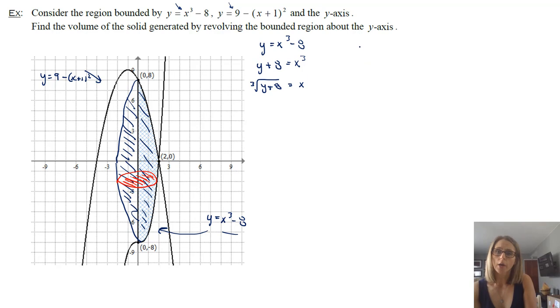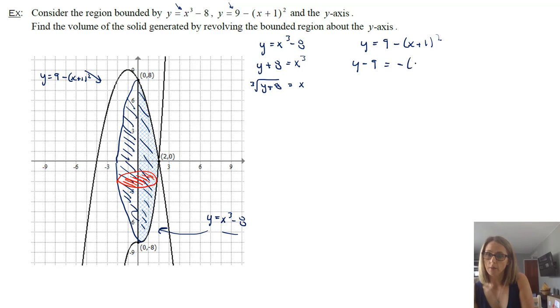And then our other is y equals 9 minus (x plus 1) squared. So to solve that for x, again, this is needed because we're taking an integral with respect to y, we'll have y minus 9 equals negative (x plus 1) squared.